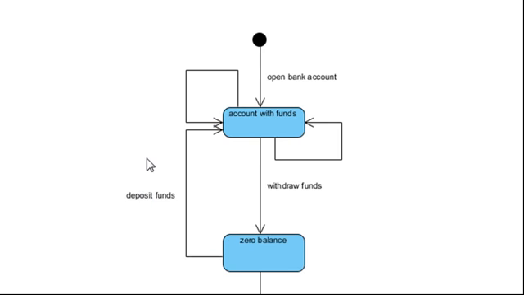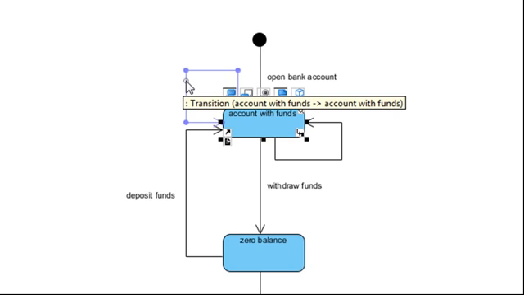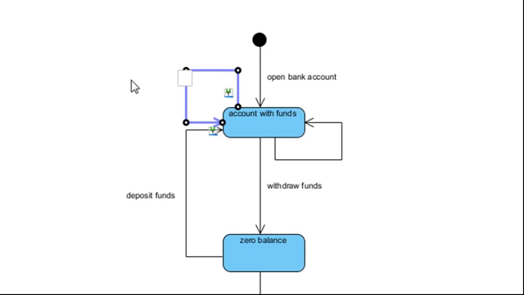Okay, and from here, let's say you have some money in the account and you deposit more, then you're just gonna come back to the same state. So double click this transition, and then enter deposit funds, and then press enter. And let's move it over a little bit.